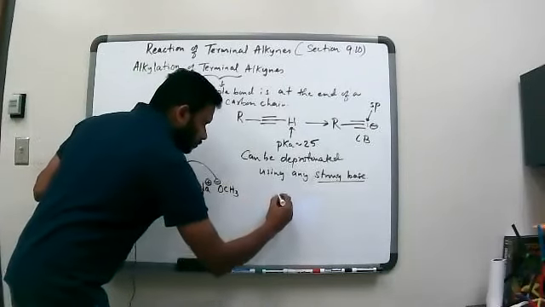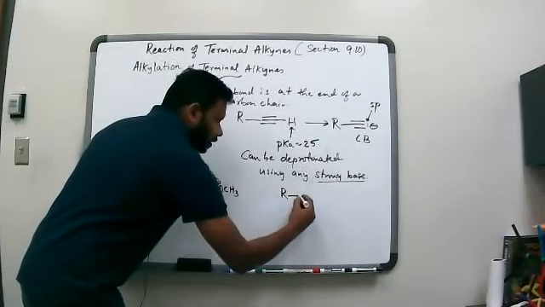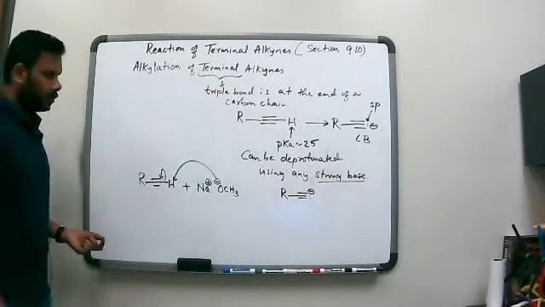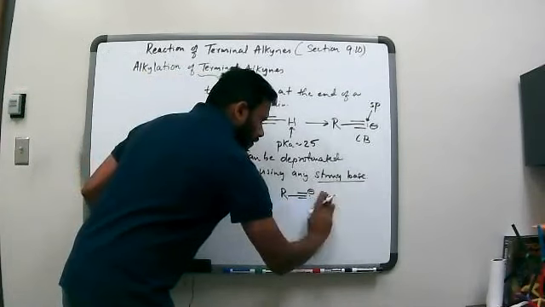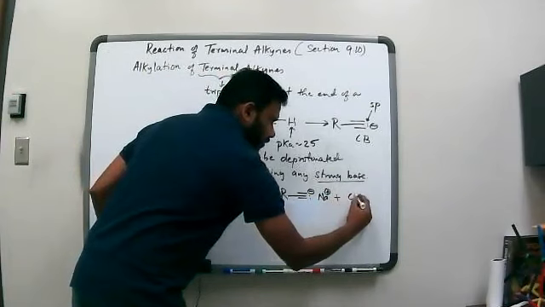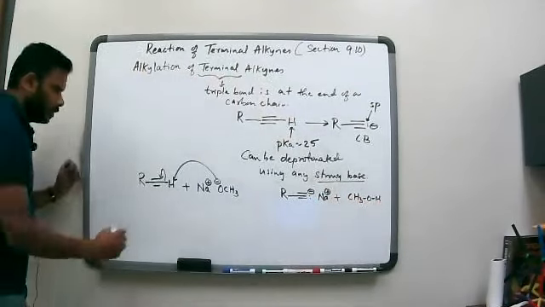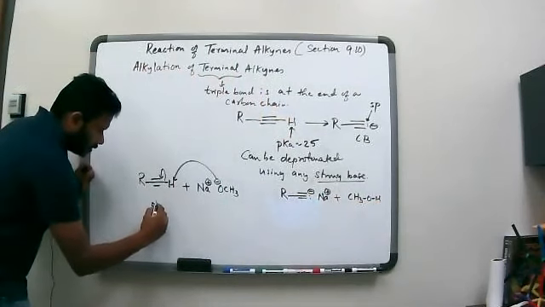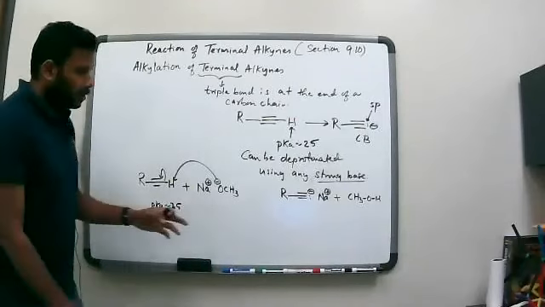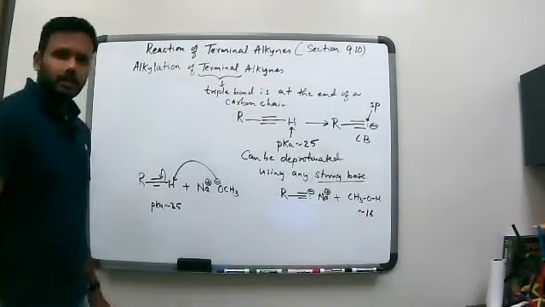This gives me the conjugate base of this alkyne, a negative charge on that carbon, with the sodium, plus methanol. The pKa of a terminal alkyne is around 25. The pKa of an alcohol is about 16.